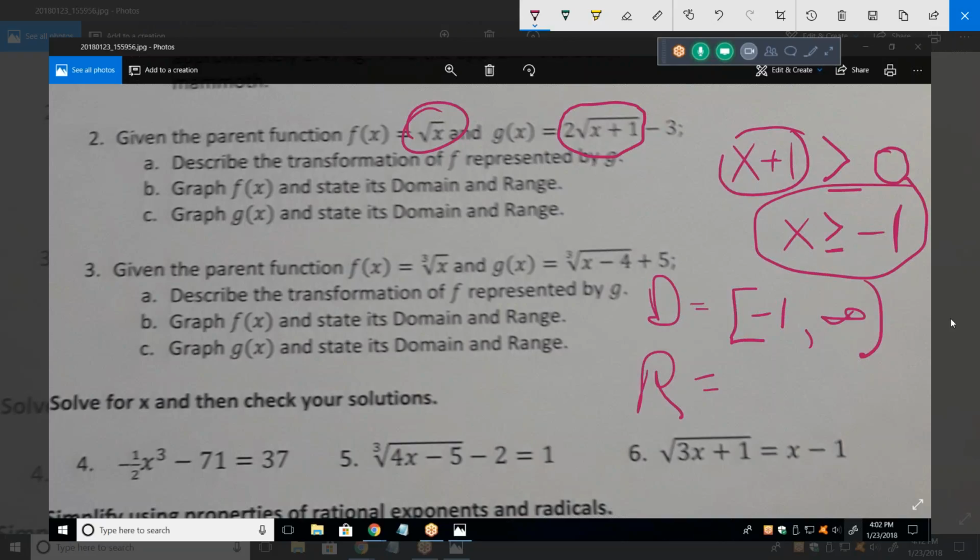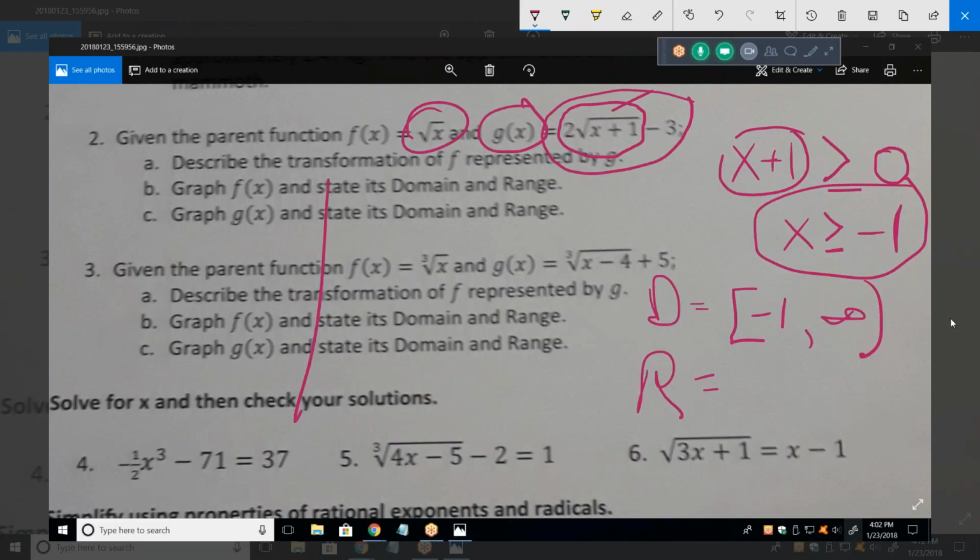Okay, so what is the smallest possible number that can be? Negative infinity? No, negative 3. In other words, if this inner circle can be 0, well, 0 minus 3 is minus 3. So g of x can be minus 3.